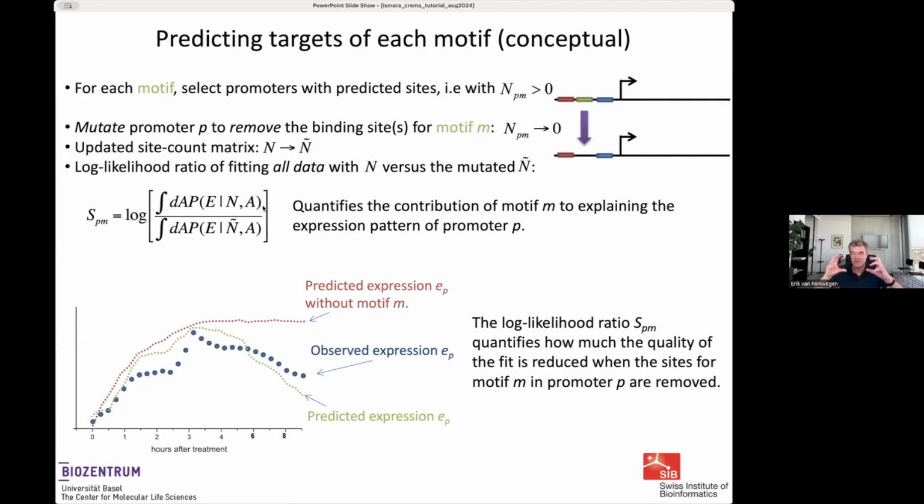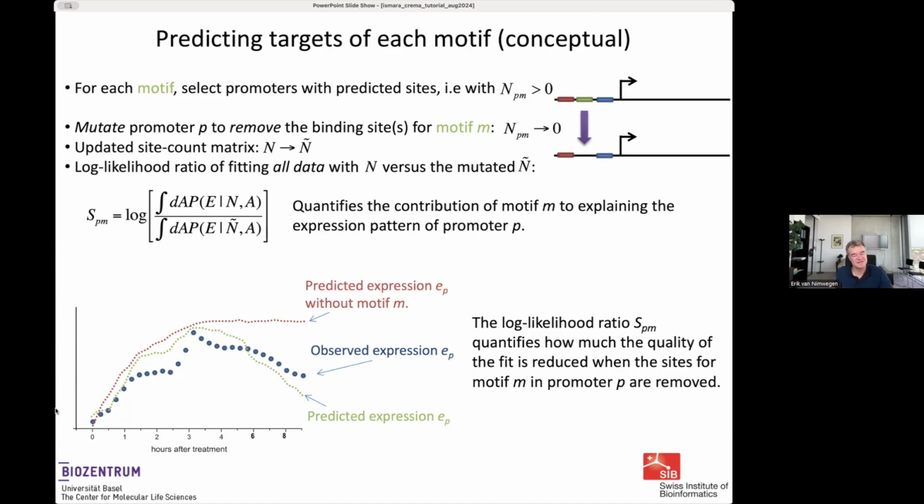So we get one number that says how well can we fit all the data with the original matrix N, divided by how well can we fit the data with this mutated matrix N tilde, where this one entry has been made 0. We take the log ratio. And so this ratio tells you how much better you can fit with the binding site than without this binding site. And this is now a measure of the importance of motif M for promoter P.